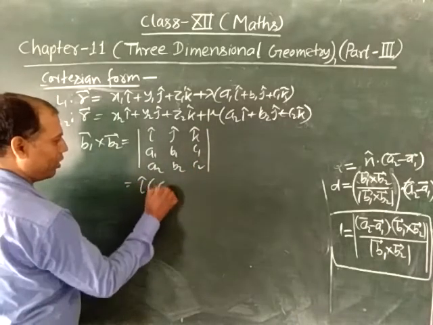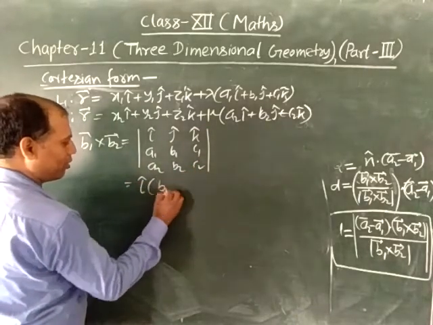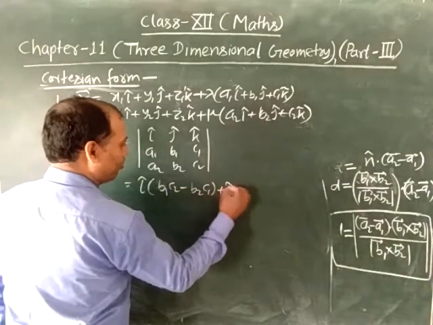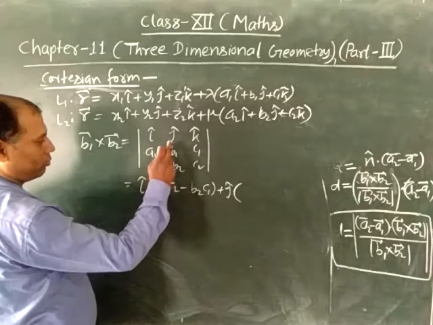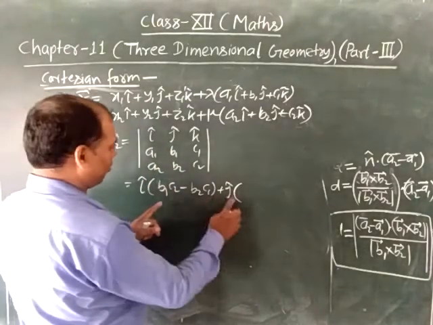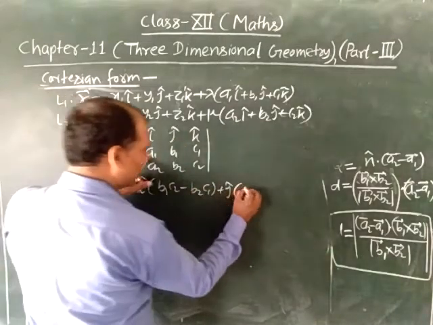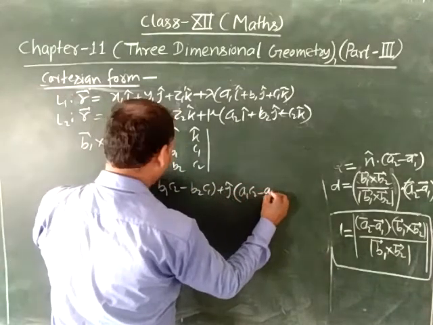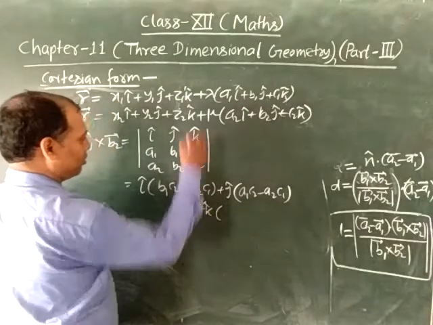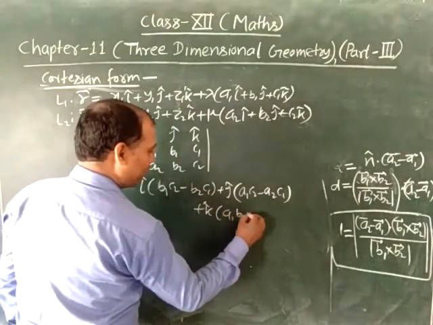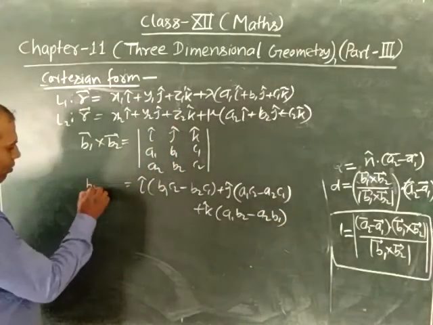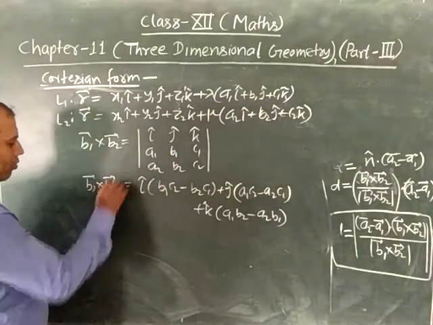This is equal to i (b1 c2 minus b2 c1) plus j (a1 c2 minus a2 c1) plus k (a1 b2 minus a2 b1). This is the value of b1 cross b2.